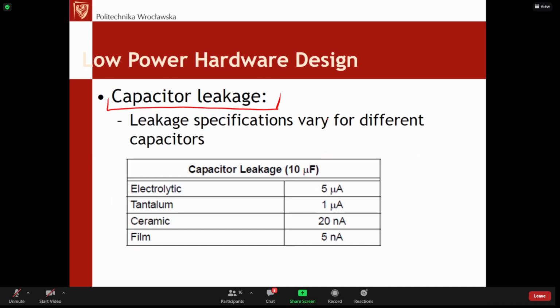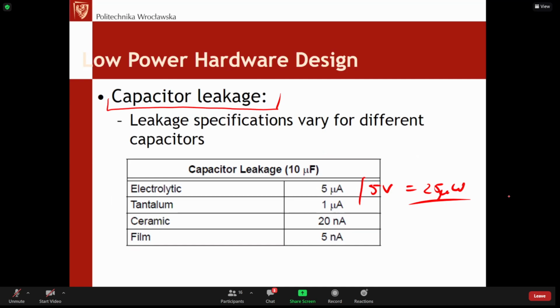For example, a 10 microfarad electrolytic supplied at 5 volts means 25 microwatts power loss in that capacitor. Normally we don't care about 25 microwatts. But if we want to supply everything from a coin battery, then those 25 microwatts mean reducing the operating time of our device from months to hours. That may happen.